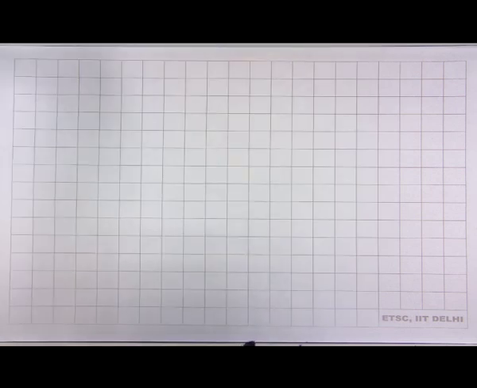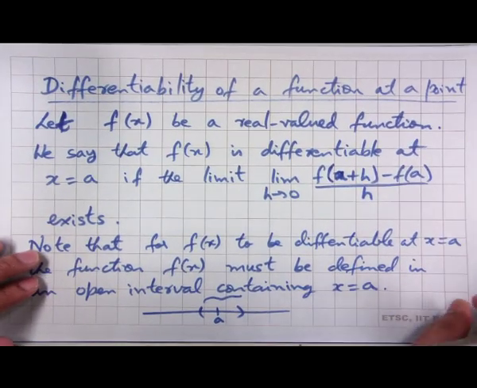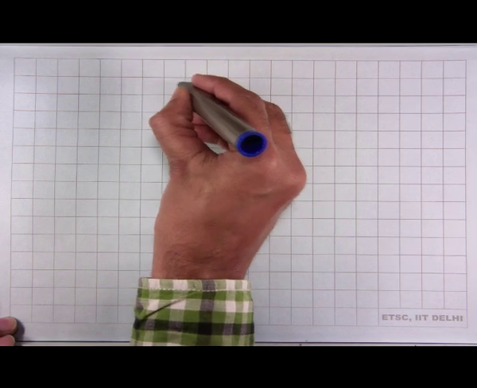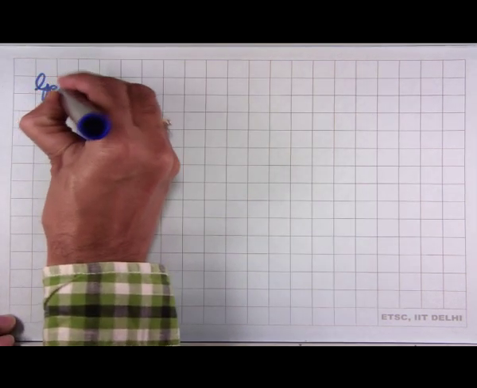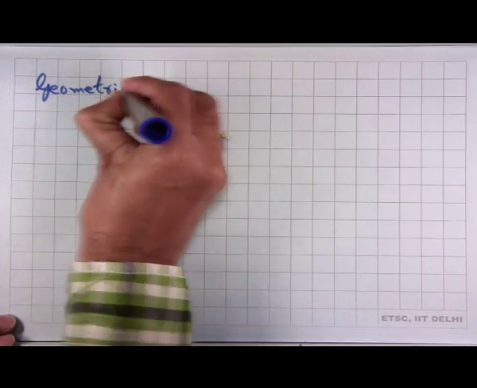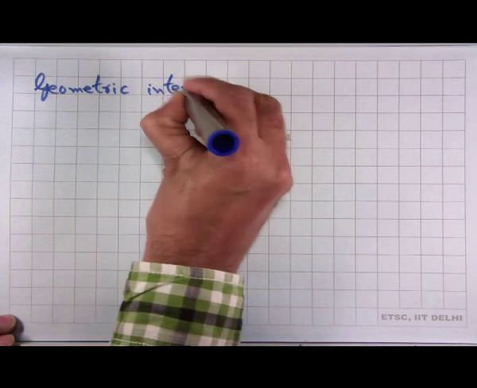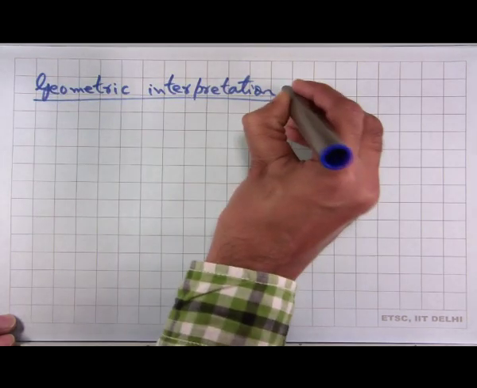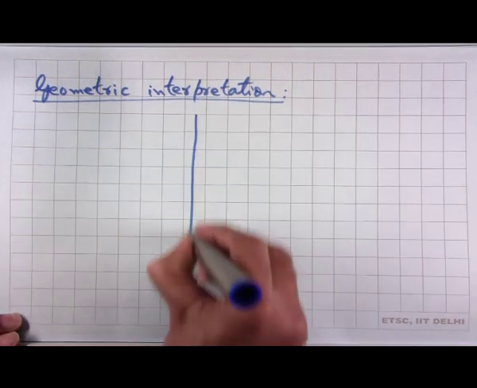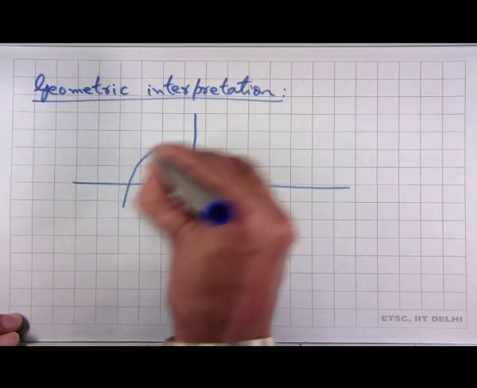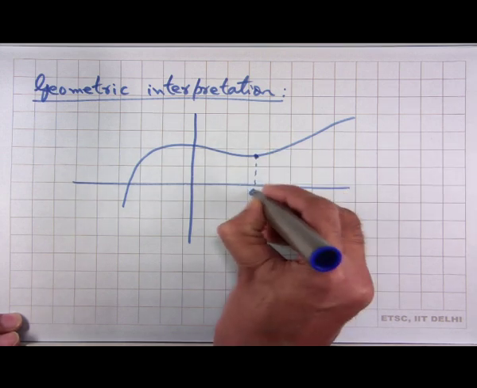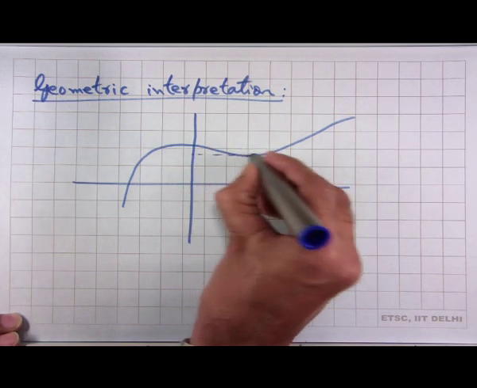So, now let me explain what this ratio that I wrote, f of a plus h minus f of a by h, is. If you look at the graph of the function, so let me write the geometric interpretation. Let me draw a function and let me take this point to be x equal to a. So, this is f of a.